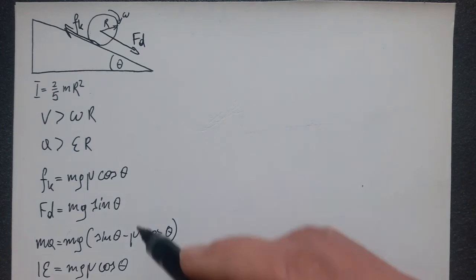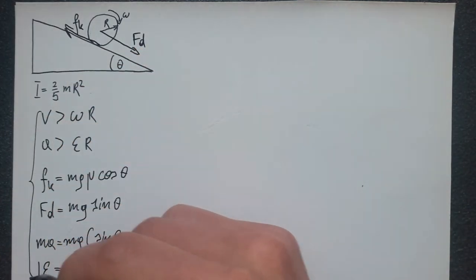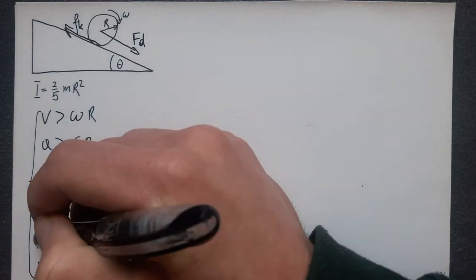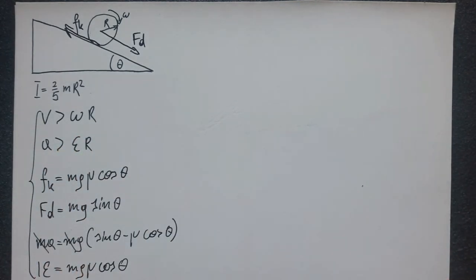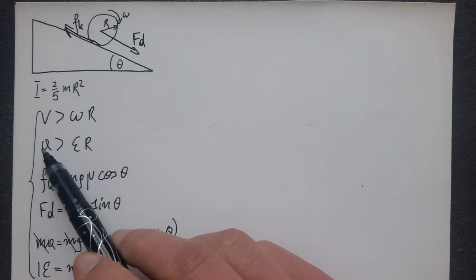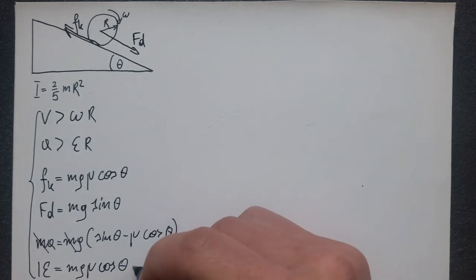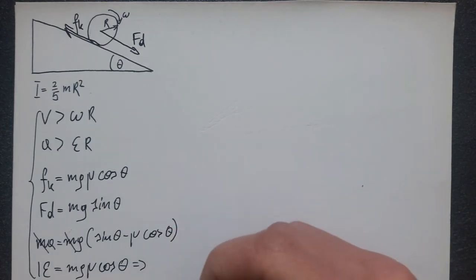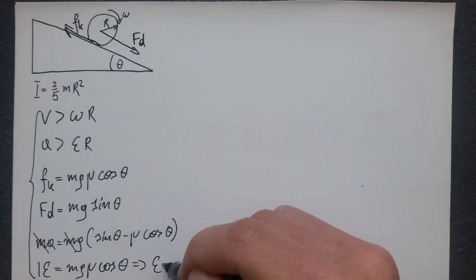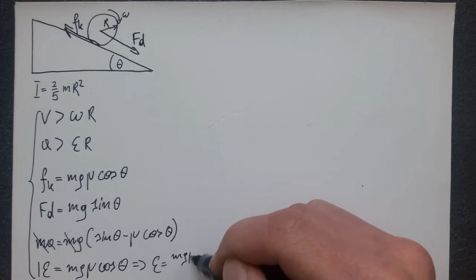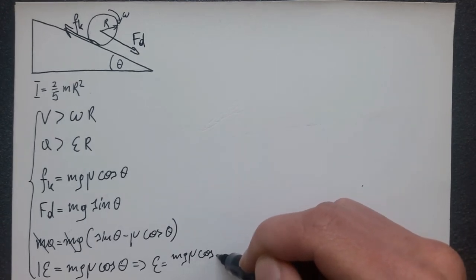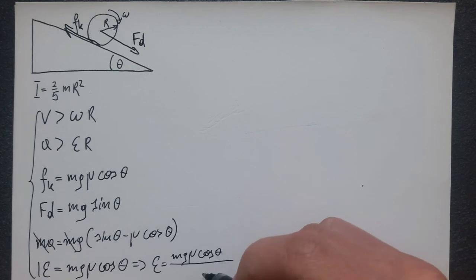Now it's just time to solve it. Here we can notice that masses will cancel, and I will substitute a into this equation, and from the last equation I will substitute the epsilon here. So what this equation implies is that epsilon is equal to mg mu cosine of theta divided by I.